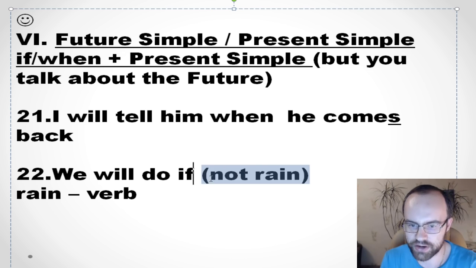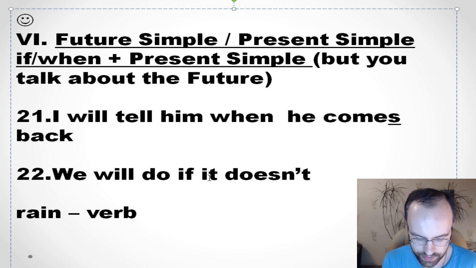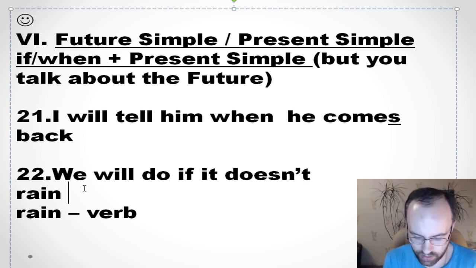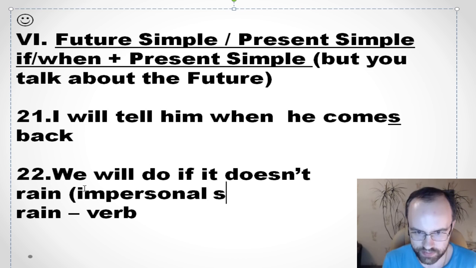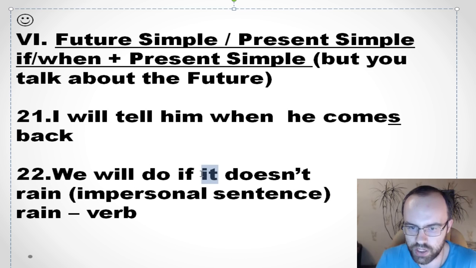If it doesn't rain, only this way. So we'll do it if it doesn't rain. Yeah, we call it impersonal sentence. Impersonal sentence with it, when it doesn't rain. Okay, so can I clap my hands?